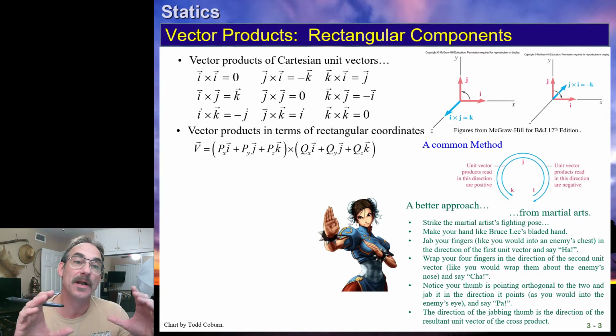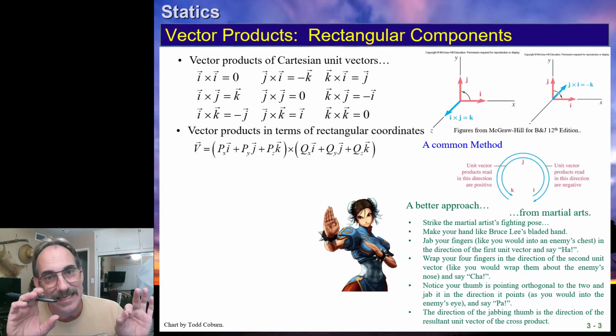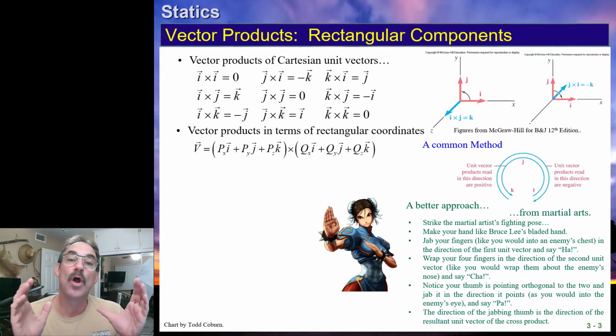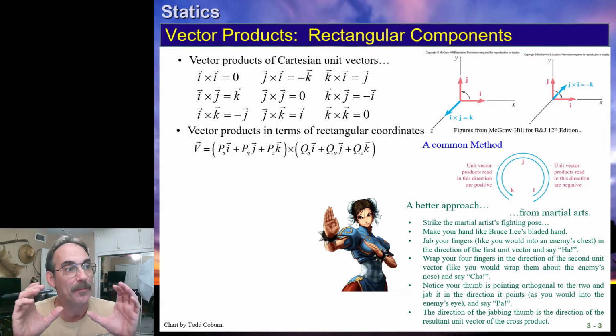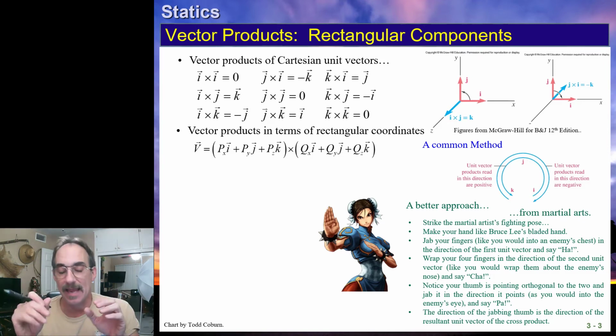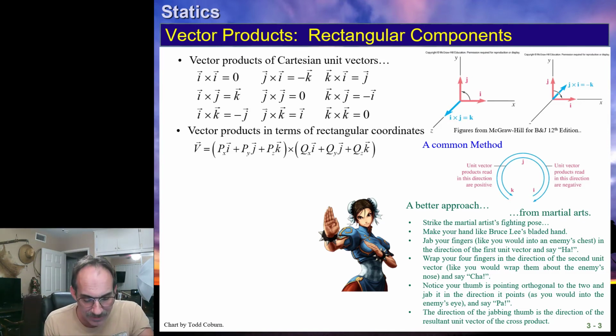So when we take the cross product, we really can look at these components, Pxi plus Pyj plus Pzk, crossed with Qxi plus Qyj plus Qzk. Let's use our operations that we just learned and see how this works.